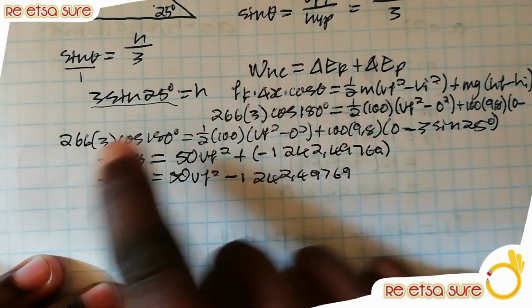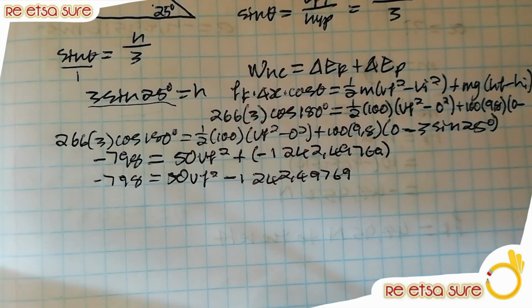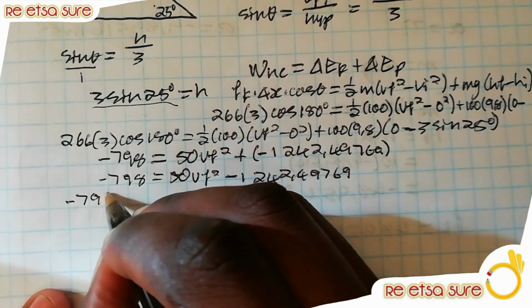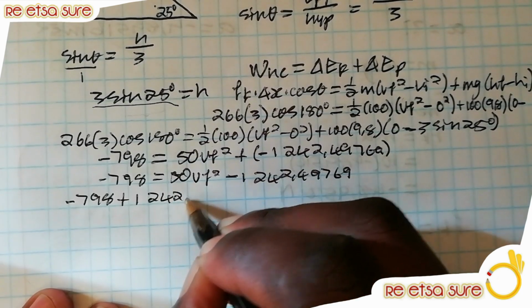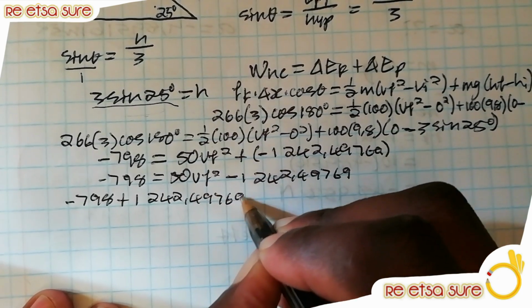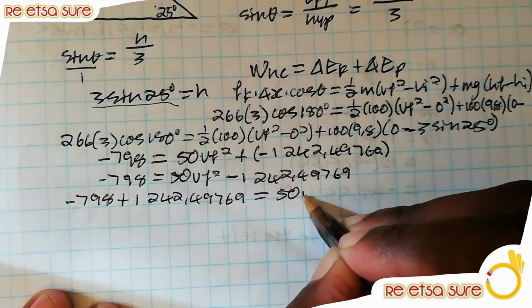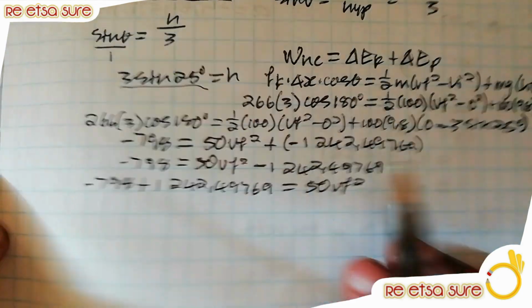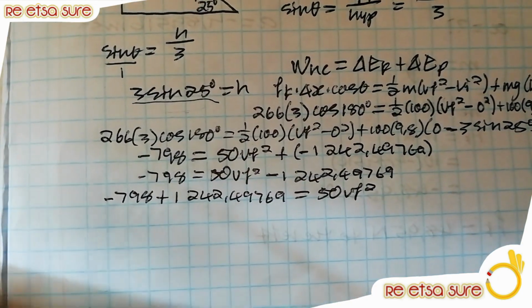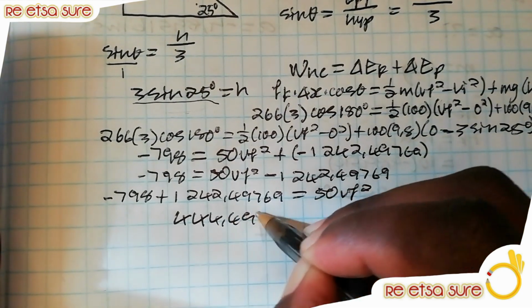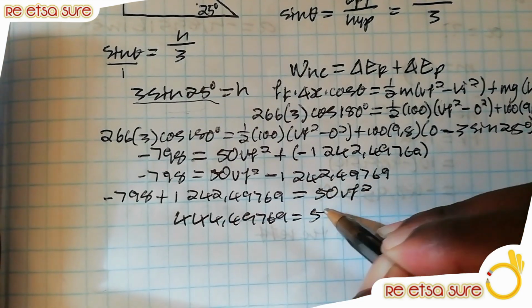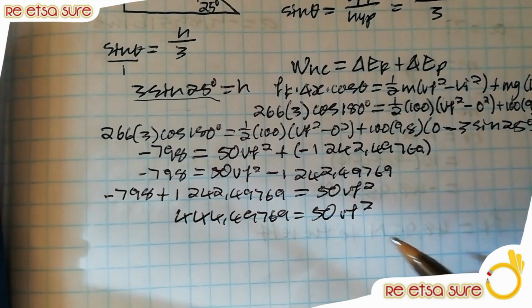When you transpose this to this side, we are going to get -798 plus 1242,49769 is equal to 50 v final squared. The sum of this is going to give us 444,49769 is equal to 50 v final squared.